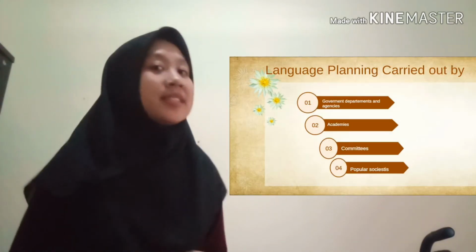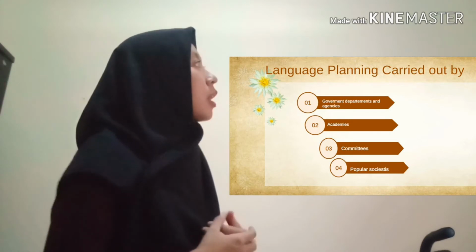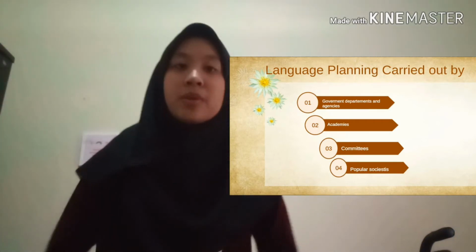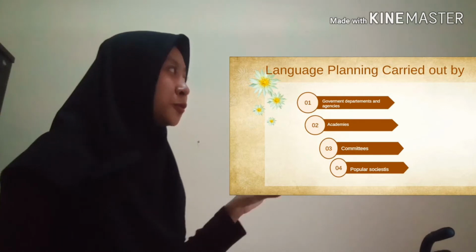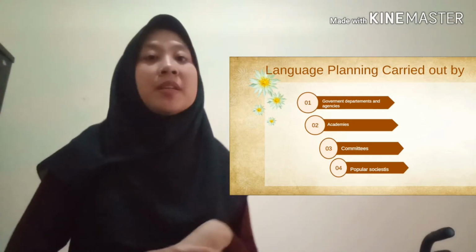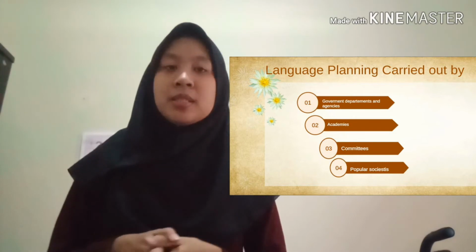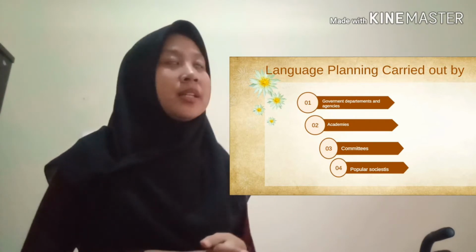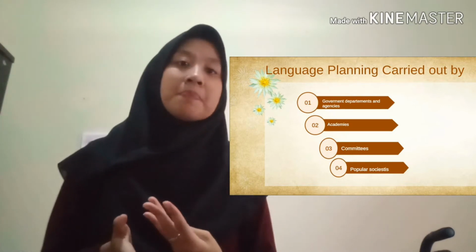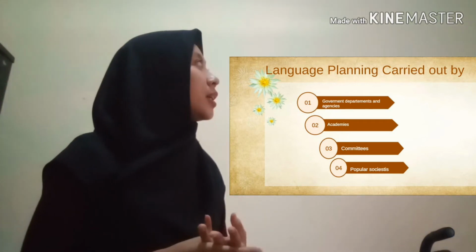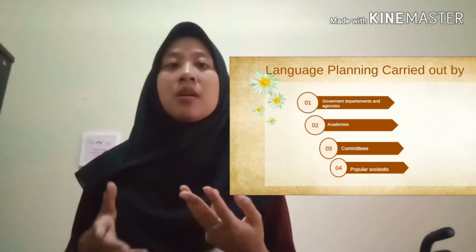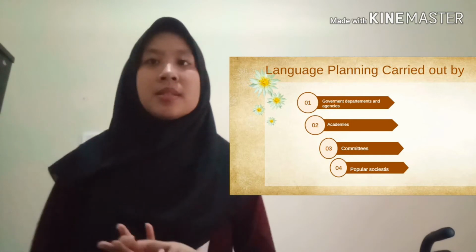And the next is, language planning is carried out by. These are the people who use language planning. The first is government departments. Second is academies. The third is committees.